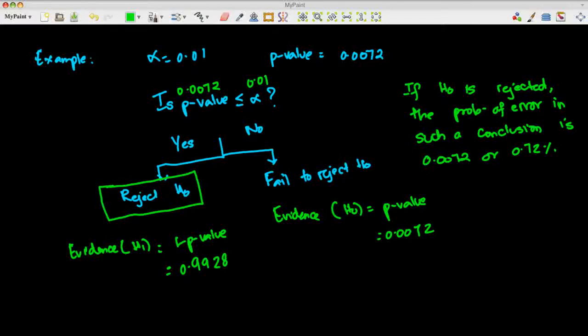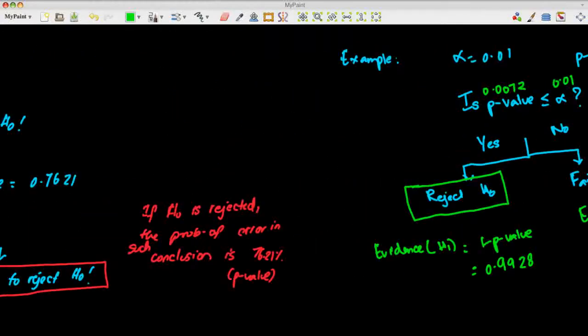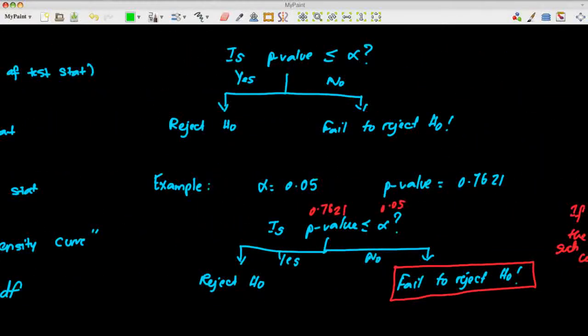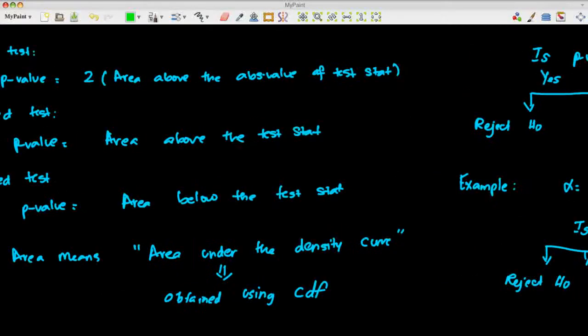Although this is an informal approach that is usable, it can get confusing unless you are extremely comfortable with p-values. Therefore, I recommend the approach over here, which is, if the null is rejected, the probability of error in such a conclusion is 0.0072 or 0.72%.